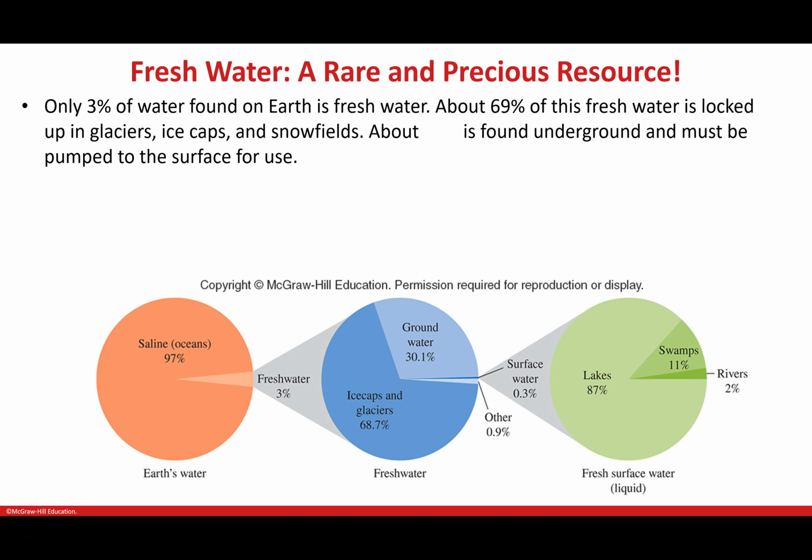Okay, so Autumn, about blank is found underground and must be pumped to the surface for use. About 30%, yep. Goodness gracious, makes me thirsty. Okay, Natalie, lakes, rivers, and wetlands are only blank of the fresh water.